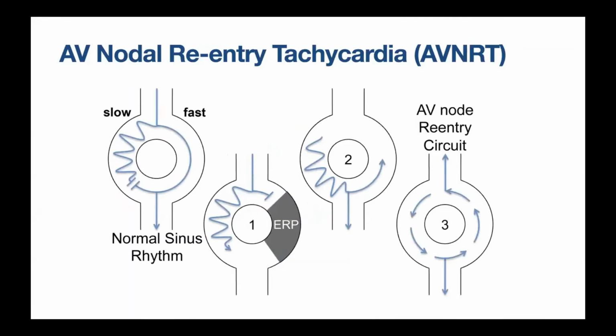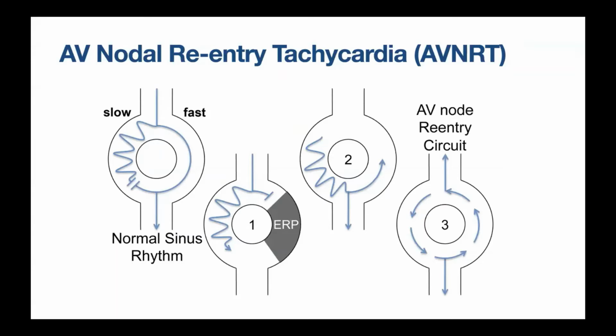So what happens in AV-NRT? In AV-NRT, this is what we said in normal sinus rhythm. In AV-NRT, it usually starts with a PAC, premature atrial contraction. When it comes down here, it finds the fast pathway already in refractory period. So it goes down through the slow pathway, and then reaches up to the ventricle.